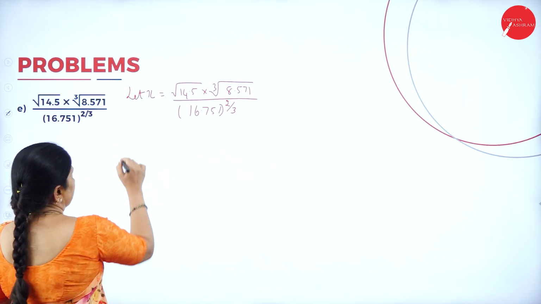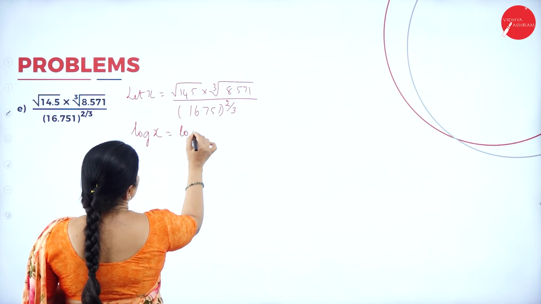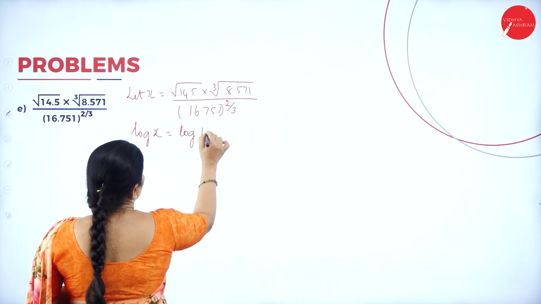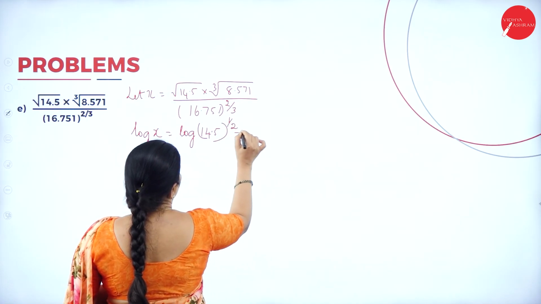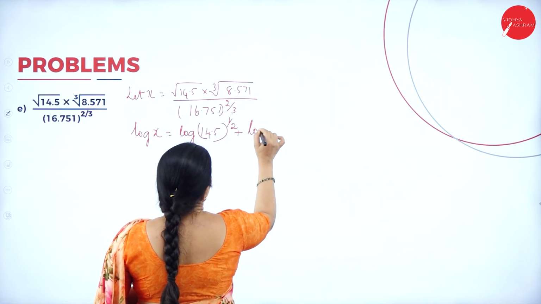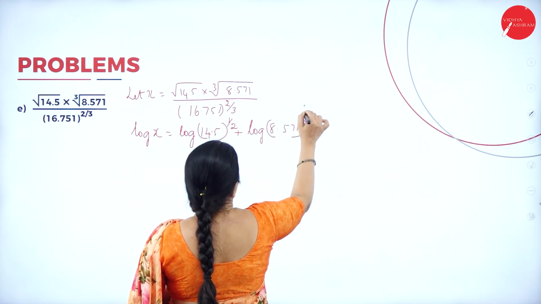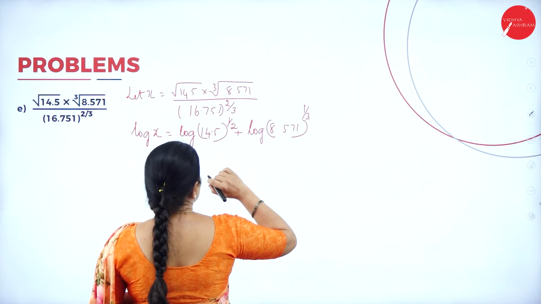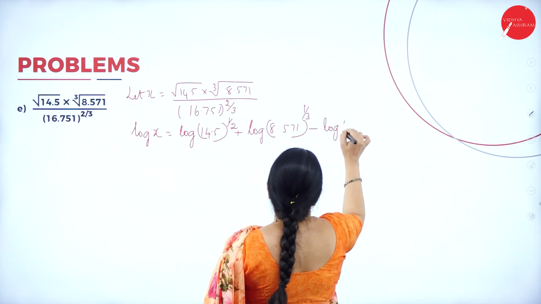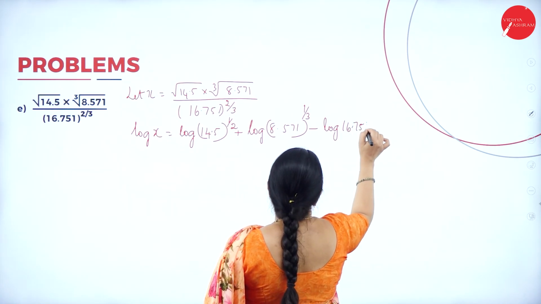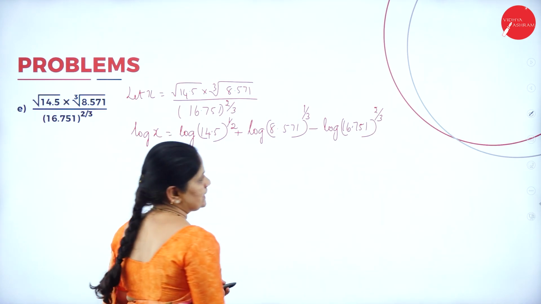Now this I will write it as, let log x be equal to log of 14.5 to the power half plus log of 8.571 to the power of 1 by 3 minus log of 16.751 to the power of 2 by 3.